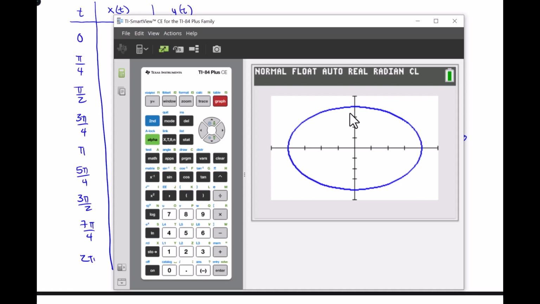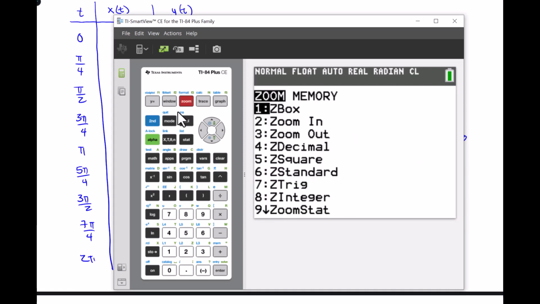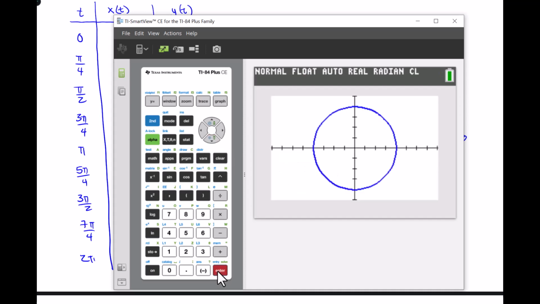We can correct that. There's a feature if you hit zoom, come down to where it says zoom square, and it will adjust the values of your window so that you get something that is using square pixels on screen. So we can see that it is a circle here.